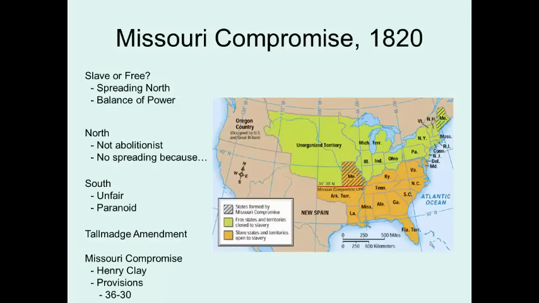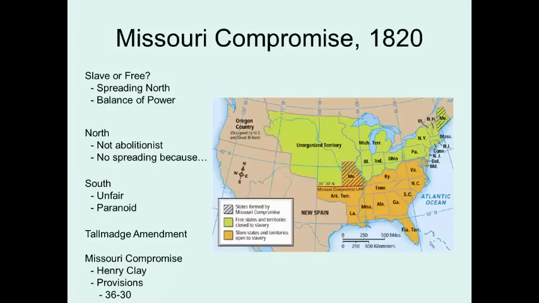You may not like slavery, but it's legal. Why are you making such a big deal about me bringing my property into Missouri? You're not yelling about me bringing in my horses. Why are you making such a big deal about my slaves? And it's here we start to see the South getting a little paranoid. Is the North going to do something to slavery? Are they going to try to get rid of slavery?